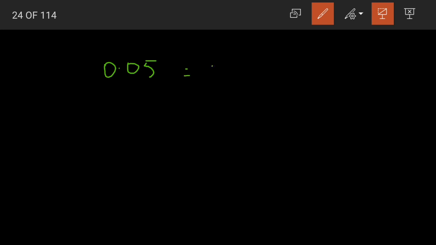First, if we convert this 0.05 into a fraction, we will know how many squares to shade. Yes children. Now how will we convert this into a fraction? Write the number as it is without the decimal point. Instead of 0.05, write 005. This becomes the numerator, divided by, write 1, and after 1, here we can see that we have 2 decimal places.